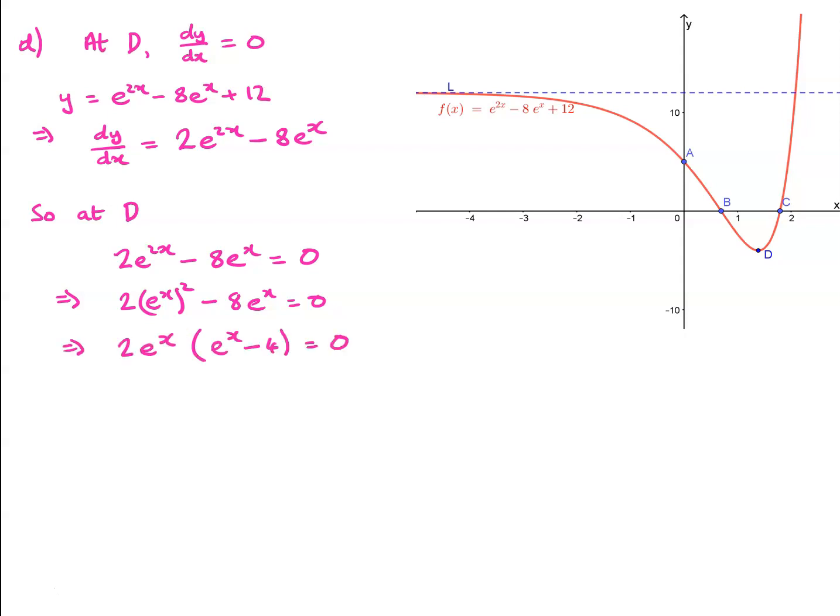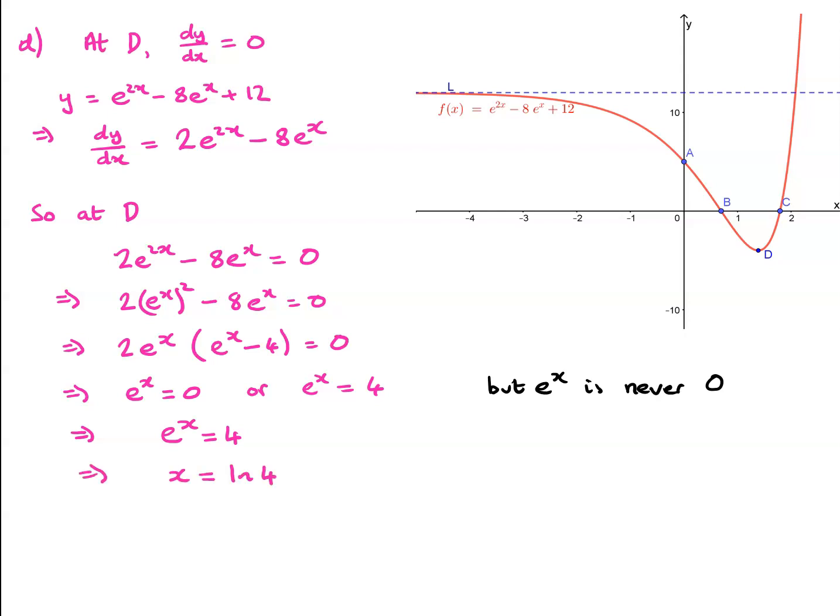So I've got 2e to the x times (e to the x minus 4) equals 0, which tells me either e to the x is equal to 0 or e to the x is equal to 4. e to the x is always a positive number, so it can't be 0. So the only solution I've actually got is e to the x equals 4. And if e to the x equals 4, then x is the natural logarithm of 4.